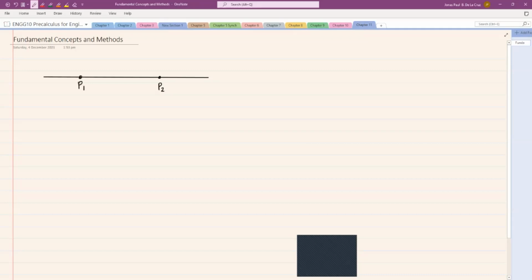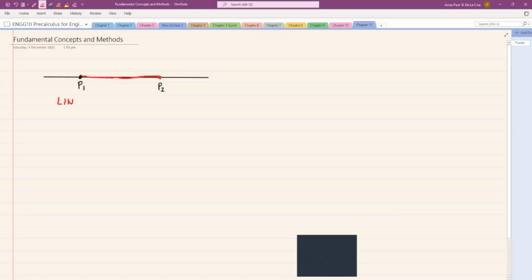So let's have a definition here. The part of the line between P1 and P2, including P1 and P2. So this part of the line dito, from P1 to P2, including all the points between them, kapag in-extract natin yan, we call it the line segment.